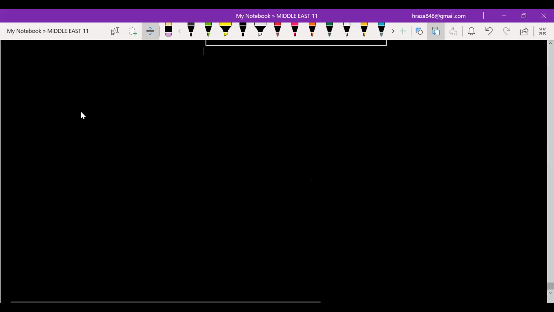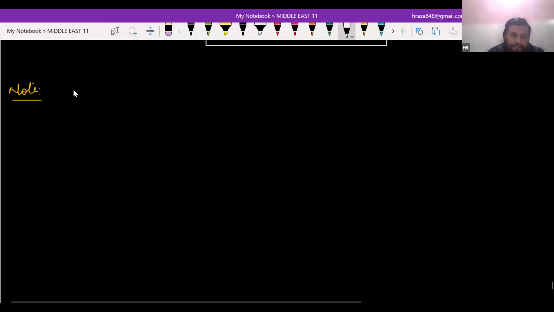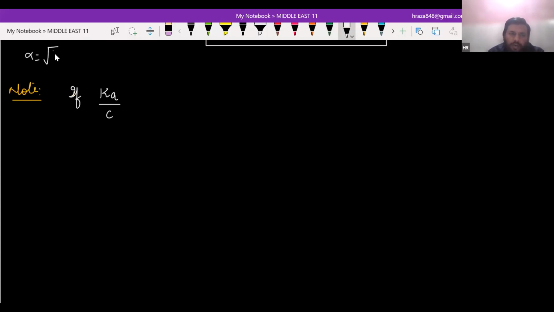Okay. Now write another note. Alpha is equal to under root Ka by C. This note is basically regarding where we can neglect alpha and where we cannot neglect alpha.